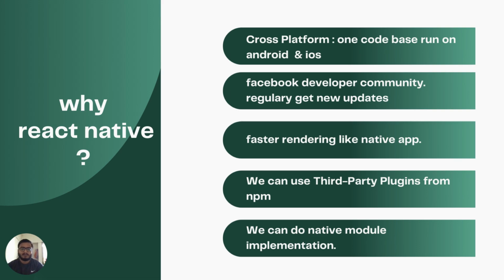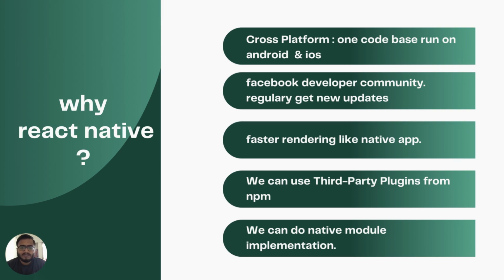There is one more point, which is third-party plugins. In React Native there is a library like the npm website, where you can contribute your own component or library, and you can also use other developers' npm libraries.